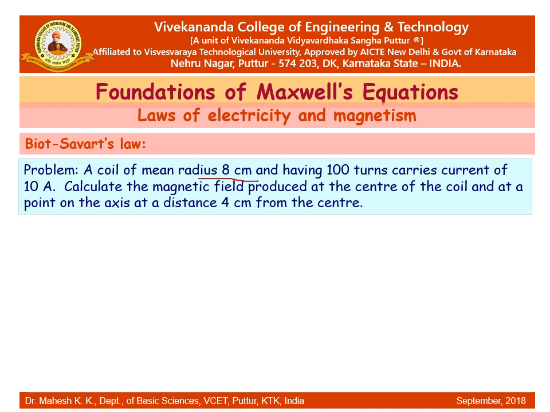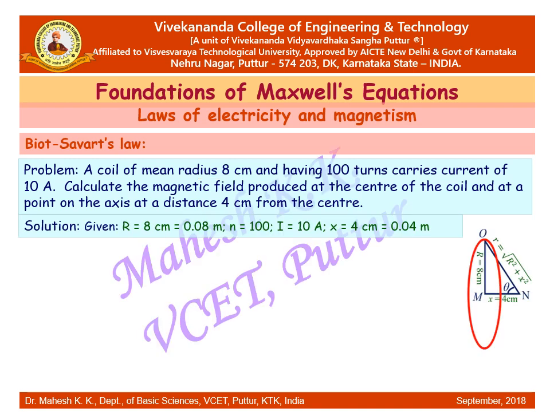Now let us gather the data available in the problem. The data are: R, the radius, 8 cm, converting into SI unit, 0.08 meters; number of turns 100; current 10 amps; and length, that is 4 cm or 0.04 meters.